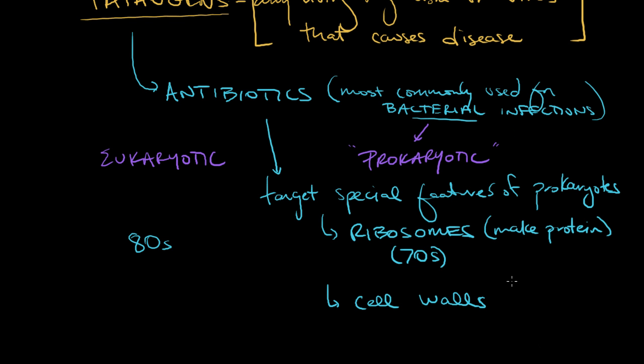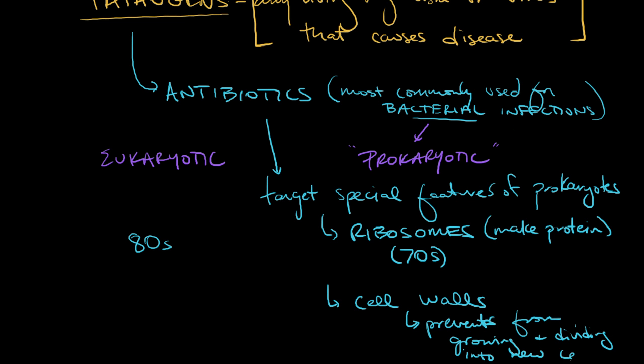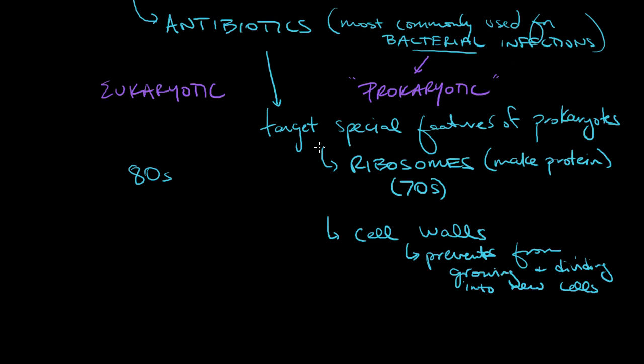This antibiotic will prevent cells from creating new cell walls, which actually prevents them from growing in size and dividing into new cells. So that really does control the infection or the mass number of those bacterial cells.